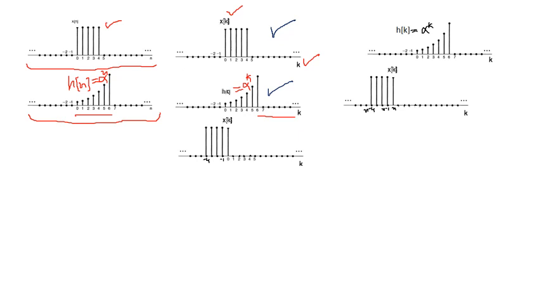So let's reflect k. To reflect k, we will get x of minus k, right? And when we reflect a signal, we basically obtain its image around the vertical axis, right?